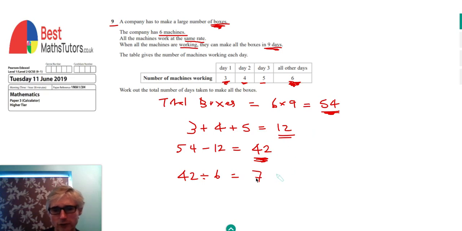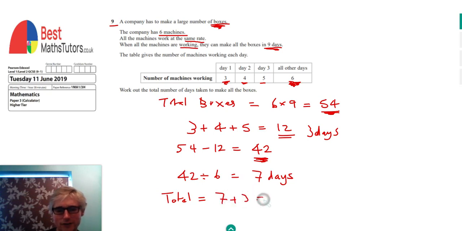So that's 7 days to make the remaining 42 boxes, and it took us 3 days to make the first 12. So the total number of days we're going to require is 7 plus 3, and obviously that's going to make 10 days in total. 10 days, and that's it.